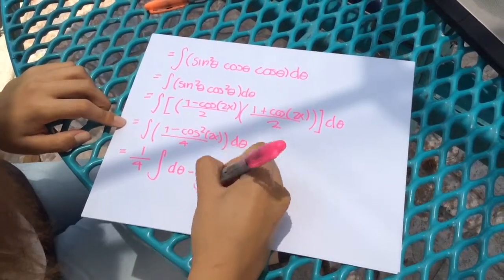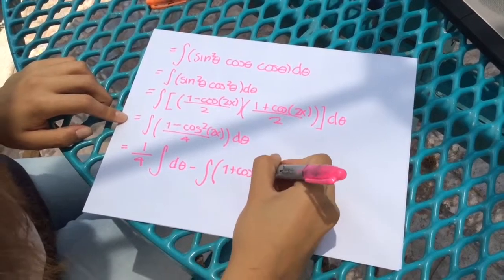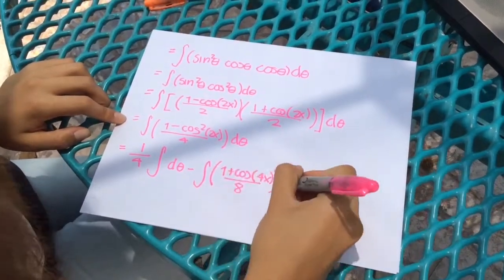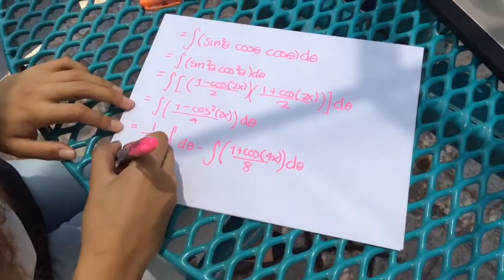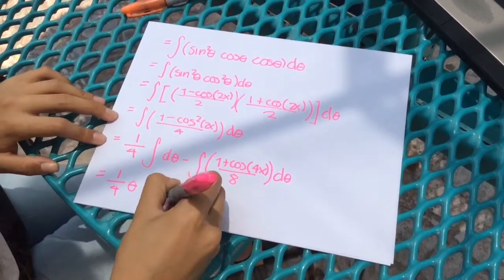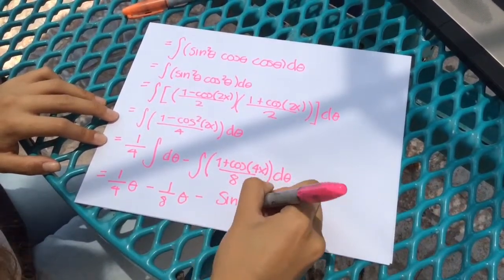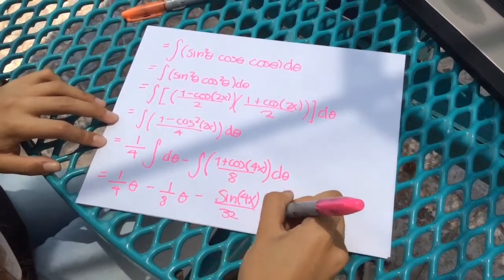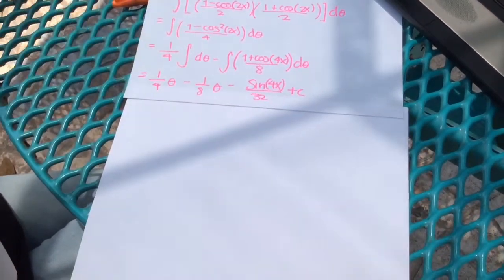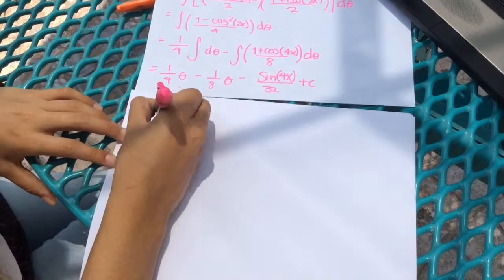Finally, after solving all of this, the answer is 1/8 of theta minus sine of 4 theta over 32, with an interval that goes from 0 to 0.5.